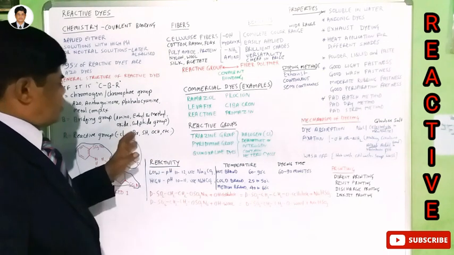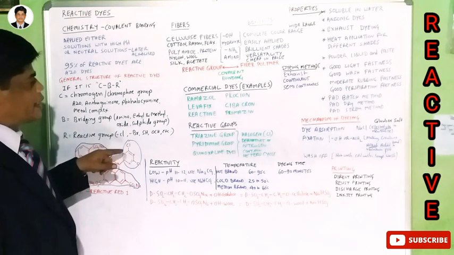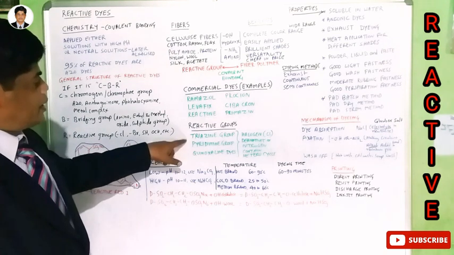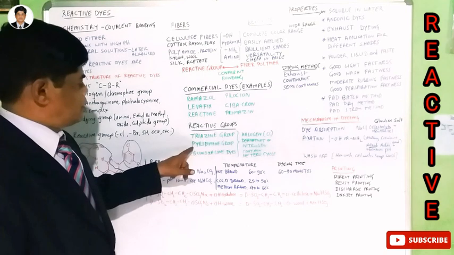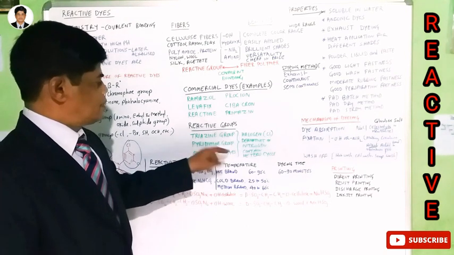And the reactive groups. What is this part, the reactive group? The reactive groups are of three types: triazine group, pyrimidine group, and so on.